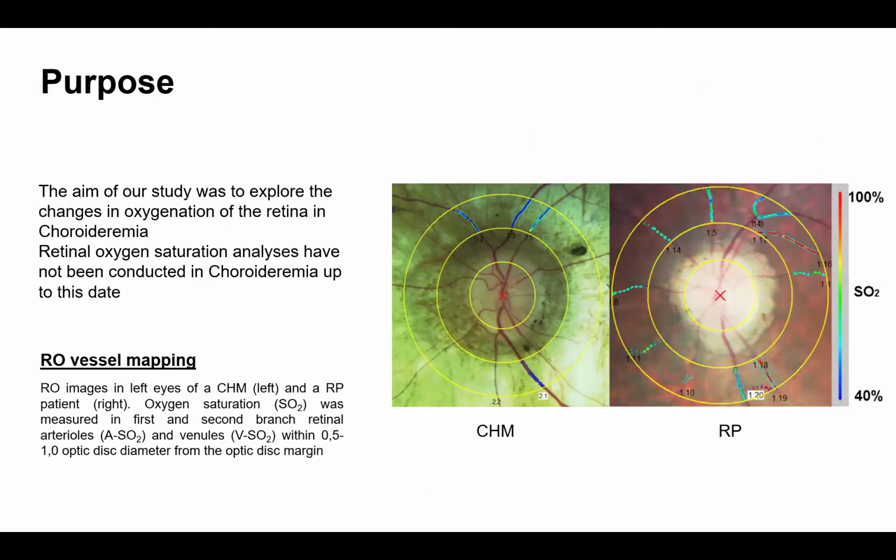So given this background, the aim of our study was to explore the changes in oxygenation of the retina in choroideremia. And so far, retinal oxygen saturation has never been measured in choroideremia.